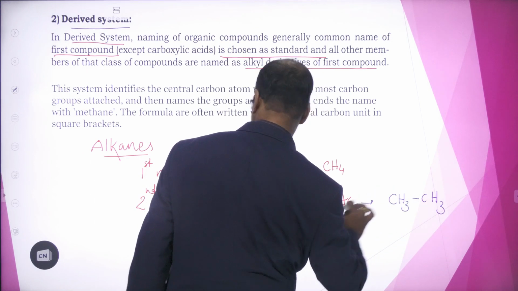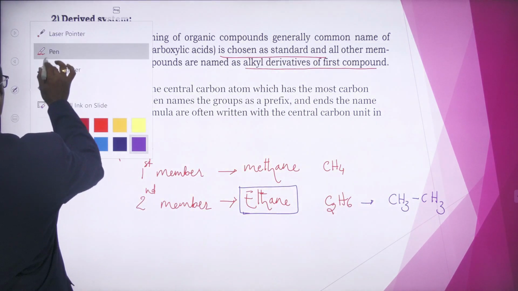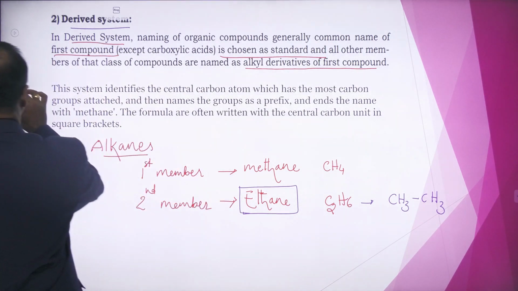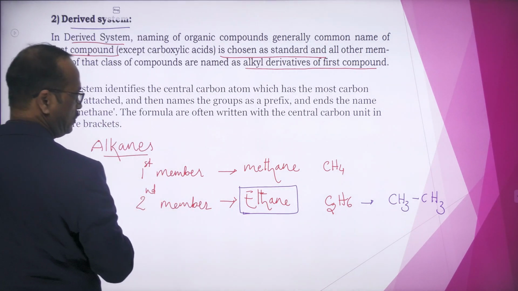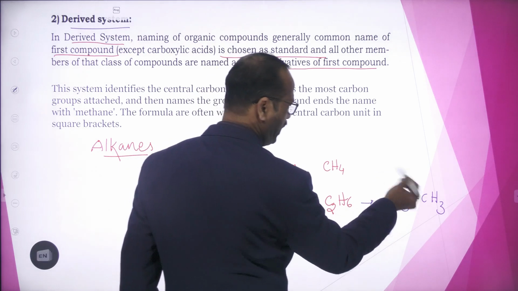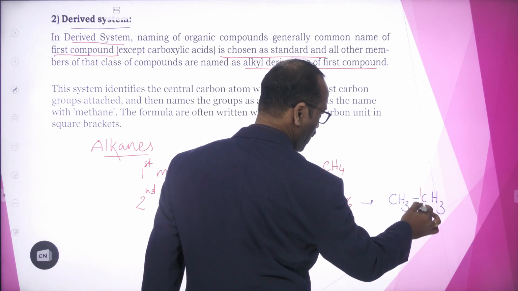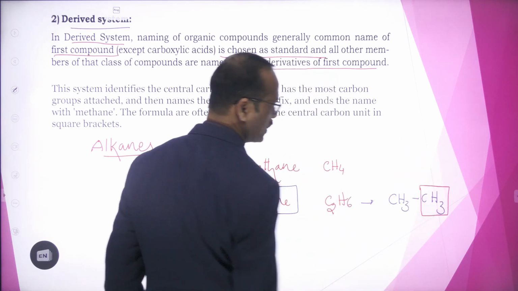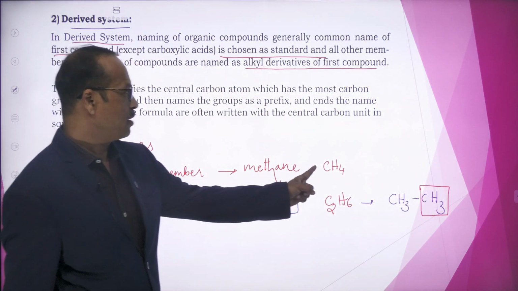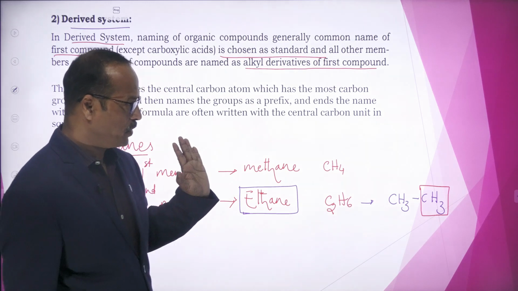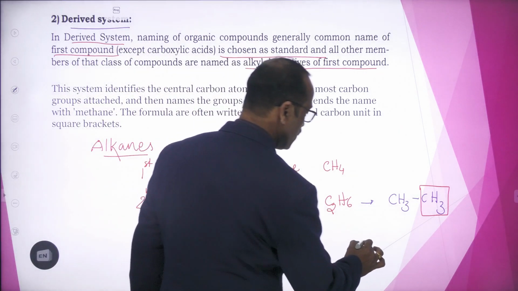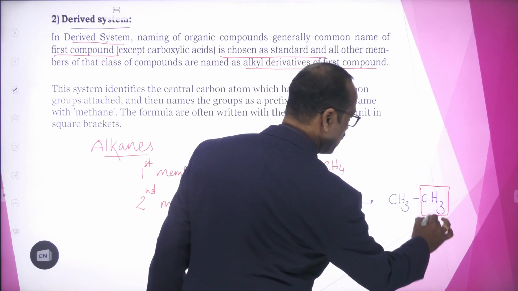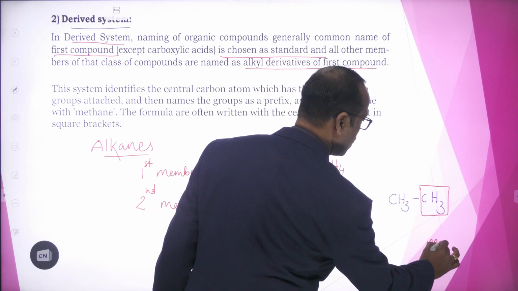So I'll make one box for the first carbon, because I want one carbon, and one carbon's name is methane. Now the name of this should be methane. That's the first thing. I'm writing methane.